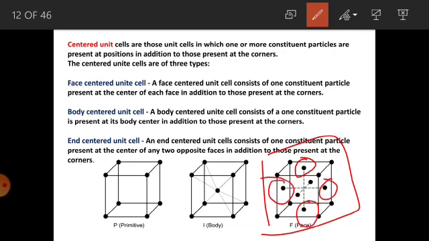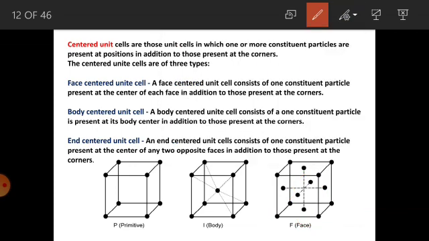Such a unit cell is called a face-centered unit cell because the particle is present at each face. So there are 6 faces and 6 extra particles are present apart from the corner positions.